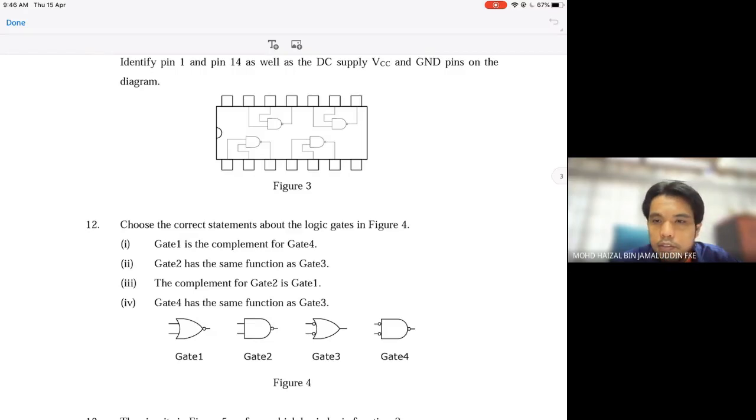Test 1 is 15, test 2 is 15, quiz is 5, so that is already 35, and another 15 maybe for the assignment and e-portfolio, if I'm not mistaken.